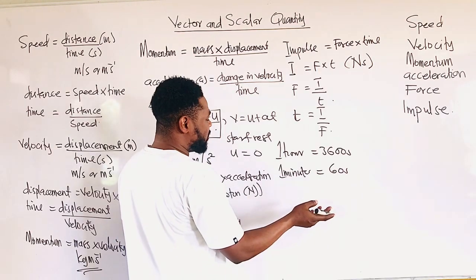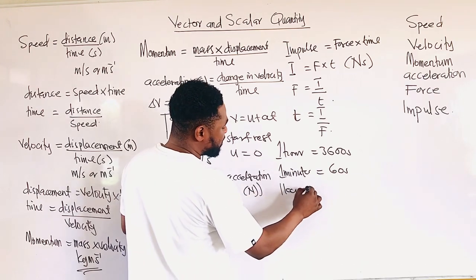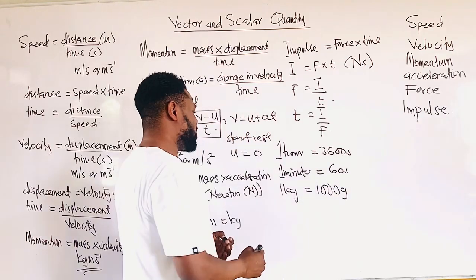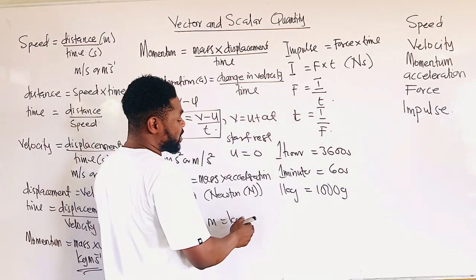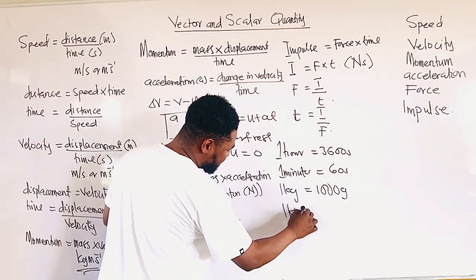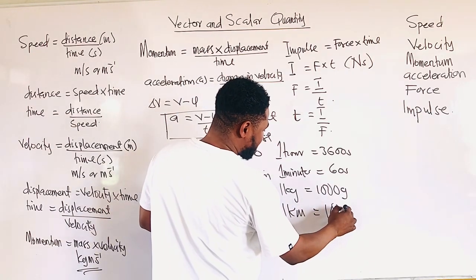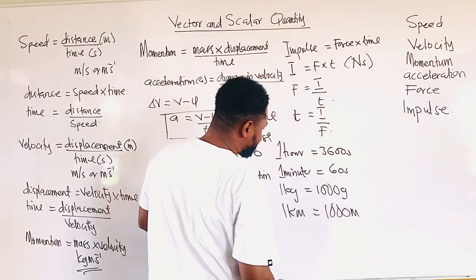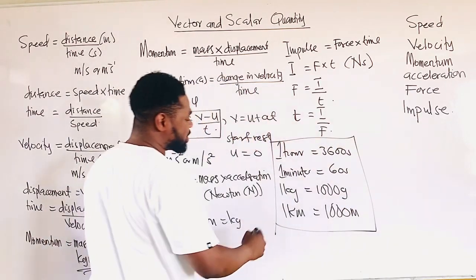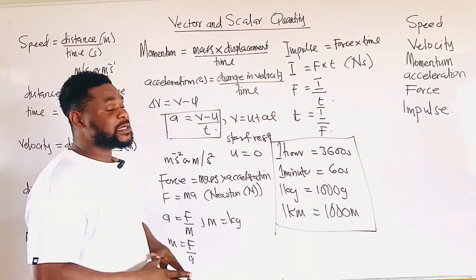We can also have a conversion like 1 kilogram is equal to 1,000 gram, and 1 kilometer is equal to 1,000 meters. So we can use these conversions to convert some of our units anytime questions are given.